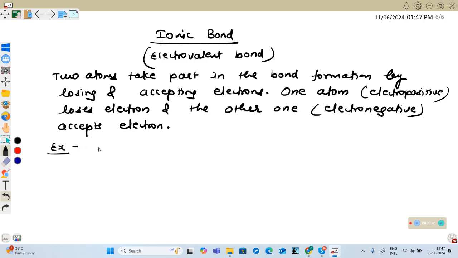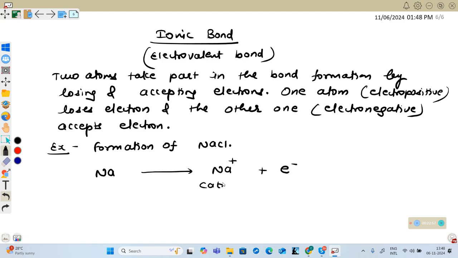Example, if I take formation of sodium chloride, sodium will lose electron turning into a cation. Chlorine will accept electron turning into chloride ion, which is an anion.